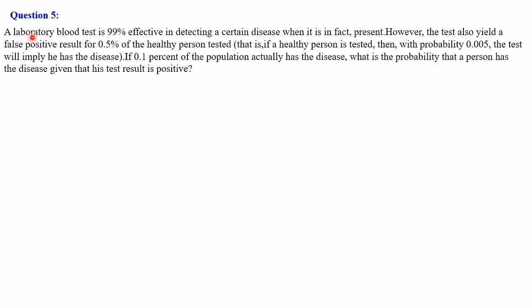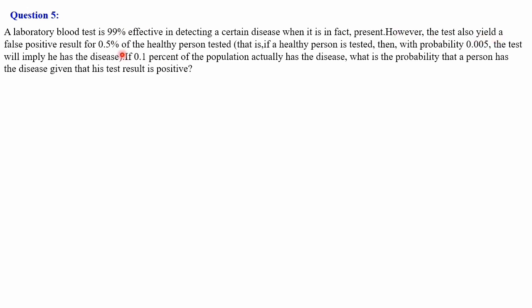So, a laboratory blood test is 99% effective in detecting a certain disease when it is in fact present. So, it is 99% effective in the sense if a person is having the disease, through test it will detect, and effective means 99% it will be successful. Means a person is having disease, it will detect 99%.